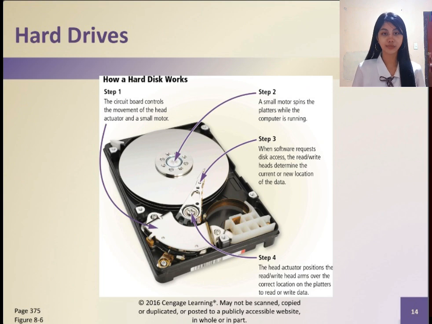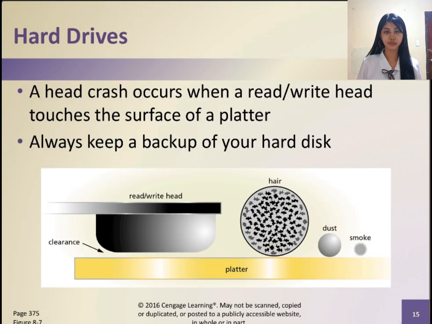And lastly, the head actuator positions the read or write head arms over the correct location on the platters to read or write data. So that is how a hard disk works. A head crash occurs when a read or write head touches the surface of a platter, so always keep a backup of your hard disk.